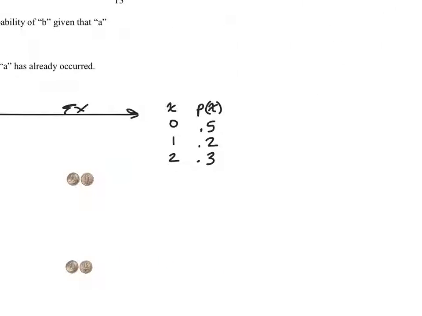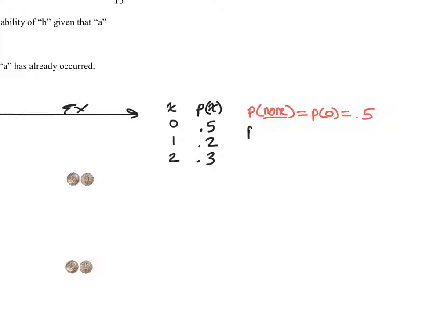So the probability of none would be the same as the probability of getting 0 successes, which in this case would be, I'm sorry, 0.5.